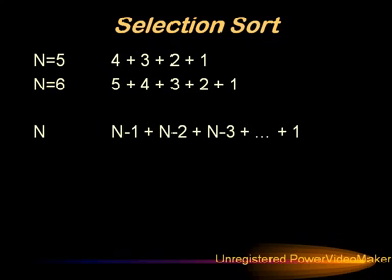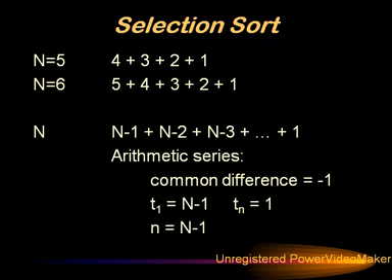And in fact, if we have n items, it's going to take n minus 1 plus n minus 2 plus n minus 3 down until we get to the last 2, 1. Oh my goodness, that's an arithmetic series. It's an arithmetic series with a common difference of minus 1, a first term of n minus 1, a last term of 1, and n minus 1 total terms.